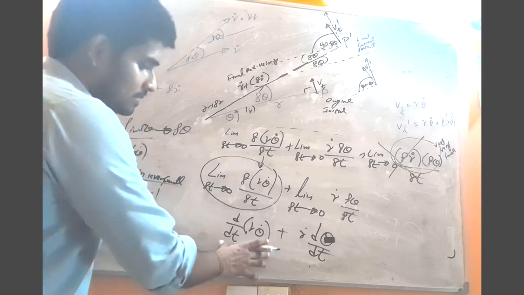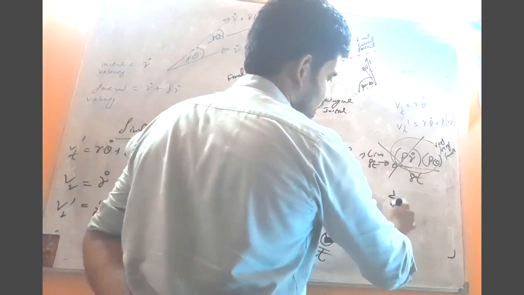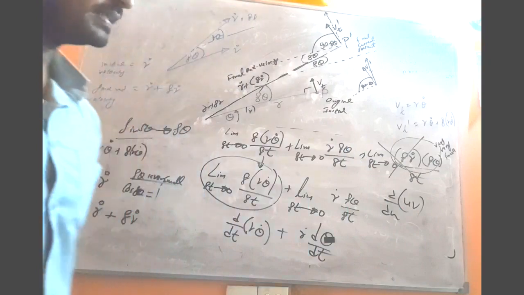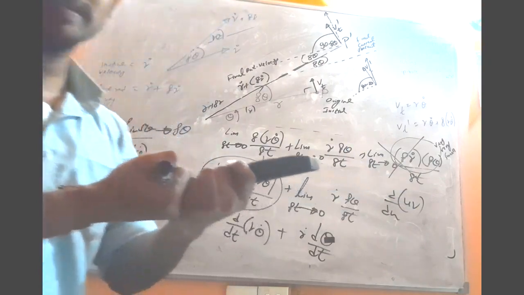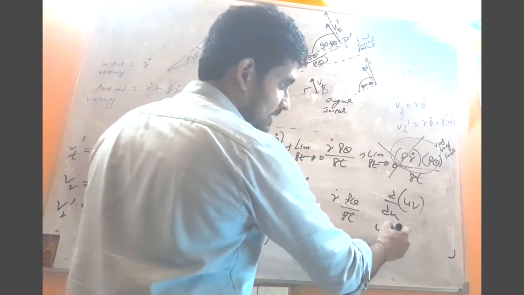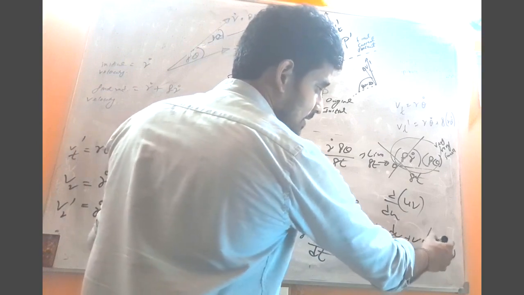Now again here we have to consider the equation that d by dx of uv, the derivative of two things that are multiplied together, means u times dv by dx plus v times du by dx, right?